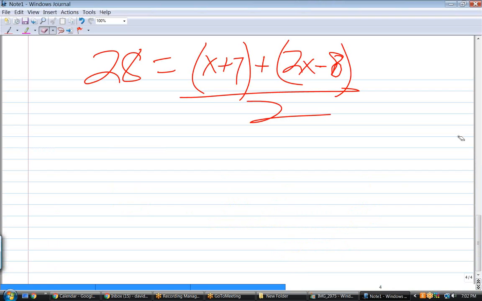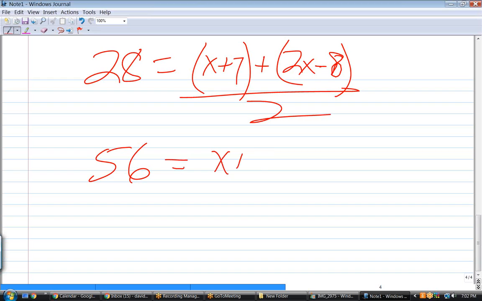Wouldn't you combine like terms for the first step? No, I like to get rid of denominators. I hate fractions. So why don't we multiply both sides by 2? That's going to make it a lot prettier looking, and by that I mean make it look a lot easier to solve.